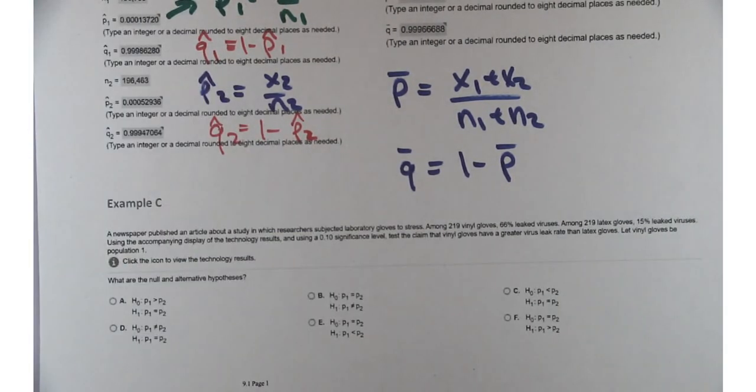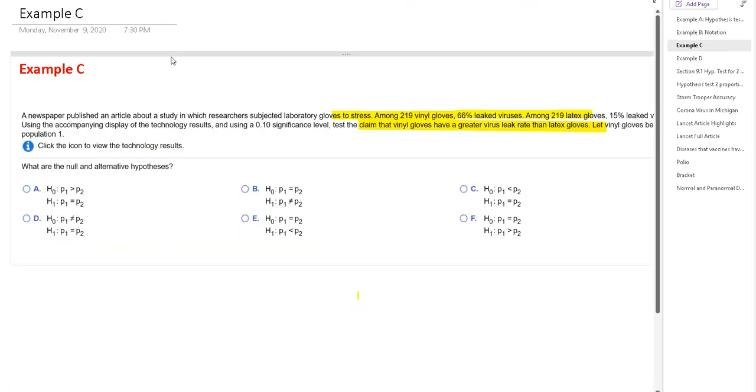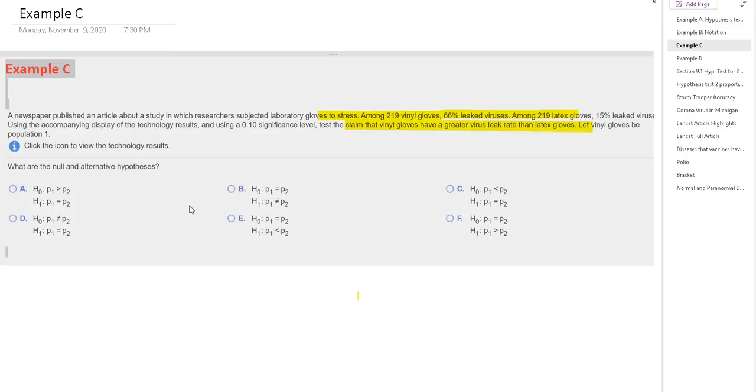Let's move on to example C. All right, so example C. The author is pretty good about coming up with actual data. A newspaper published an article about a study in which researchers subjected lavatory gloves to stress. Amongst 219 vinyl gloves, 66% leaked viruses.